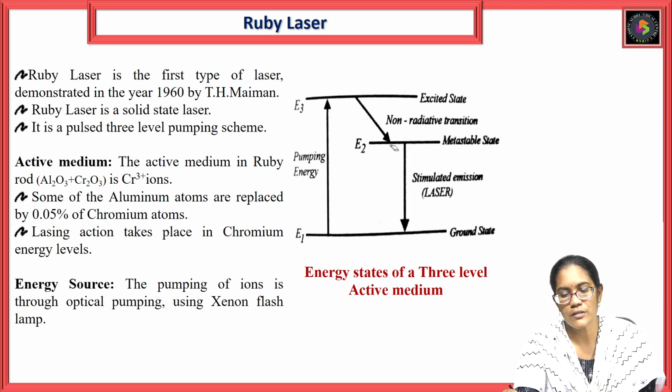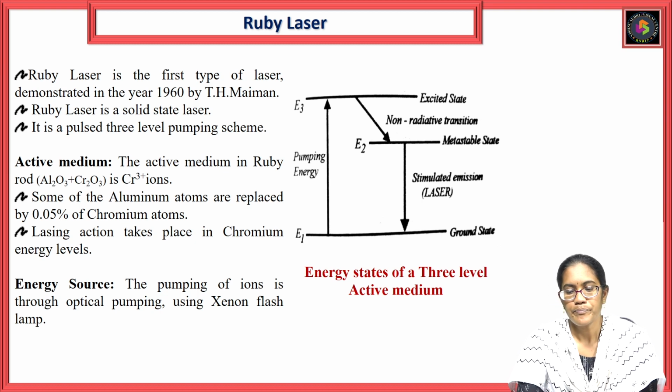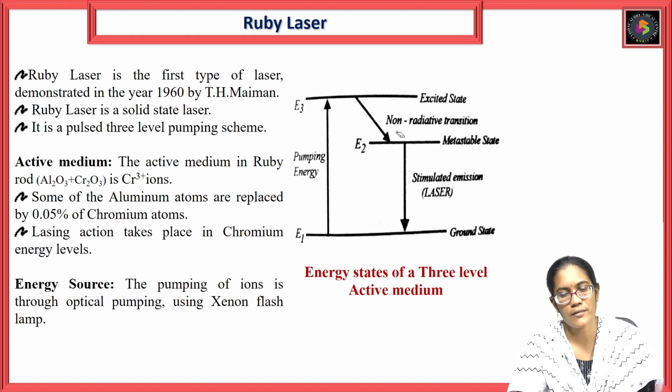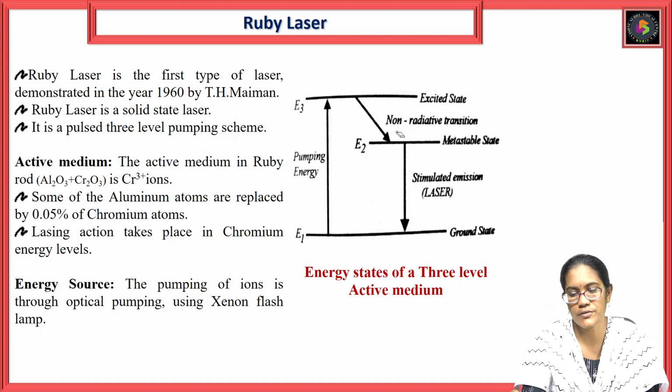This transition can be a radiative or a non-radiative transition. The radiative transition is where the emitted energy is in the form of photons.